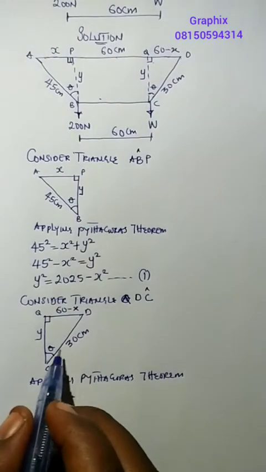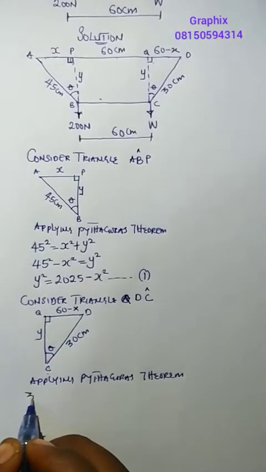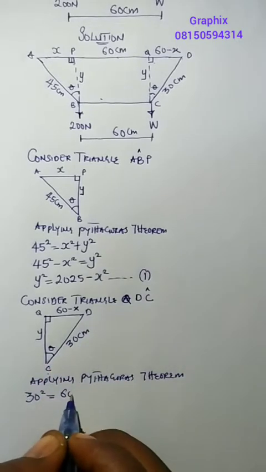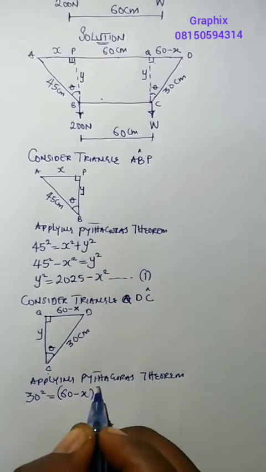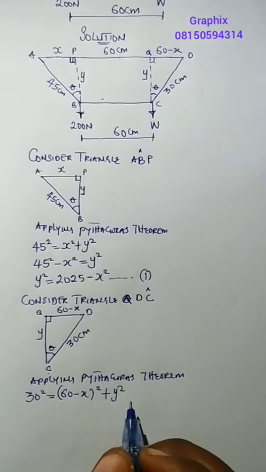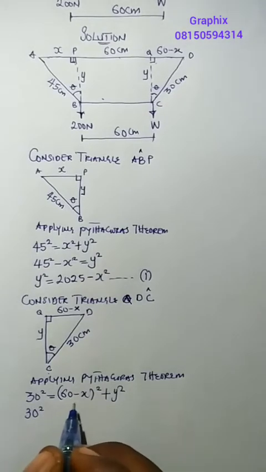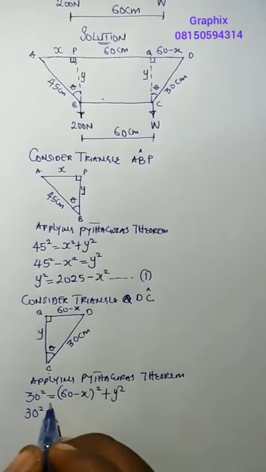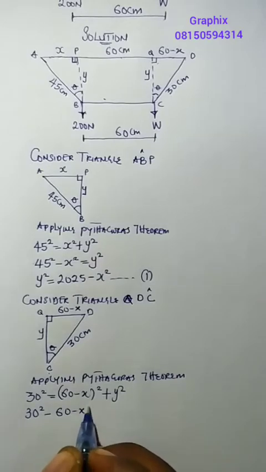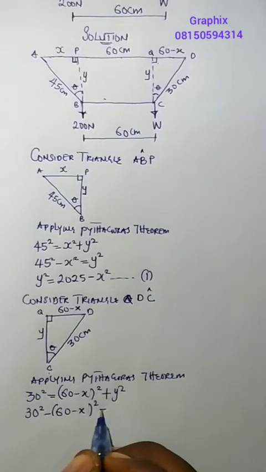So we have the hypotenuse squared, which is 30 squared, is equals to 60 minus x all squared plus y squared. And if I expand this, I'll be having 30 squared. If I bring this here, minus 60 minus x all squared, because when it's coming here, it will become minus, is equals to what?